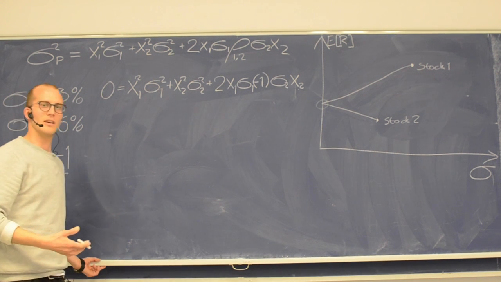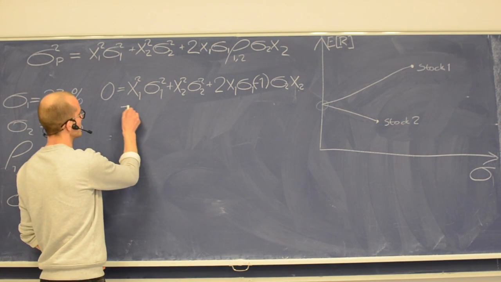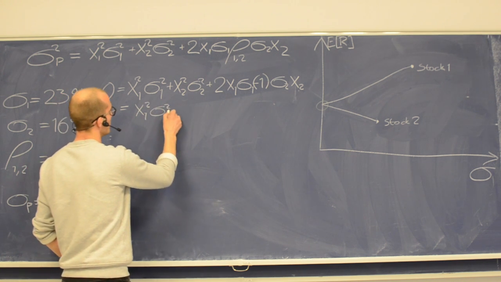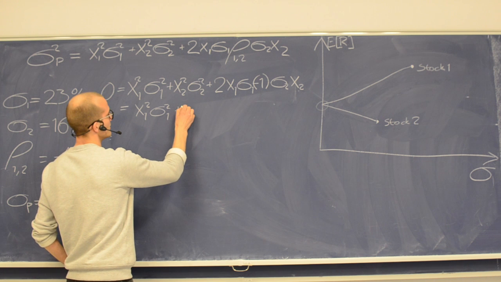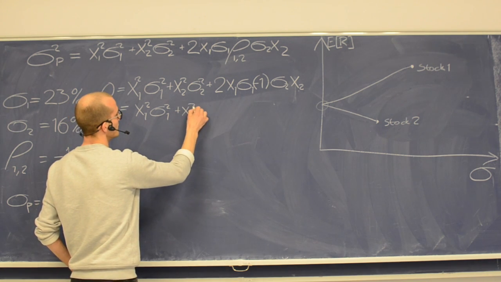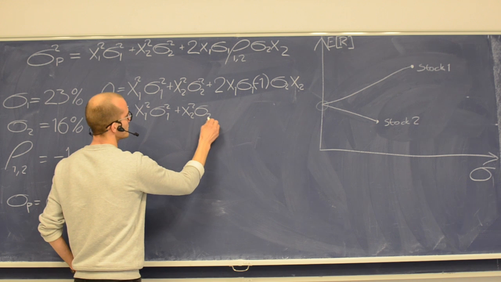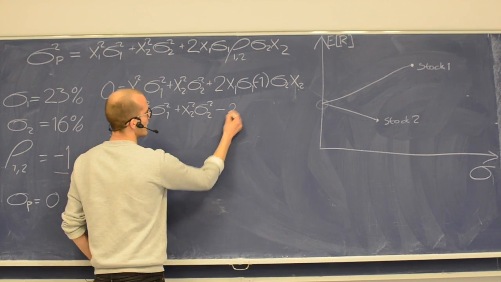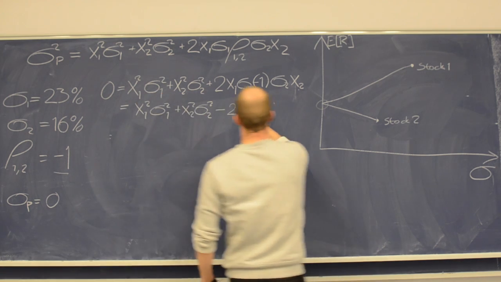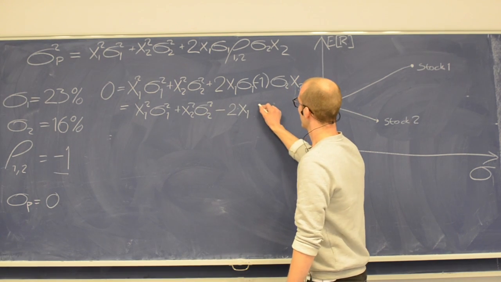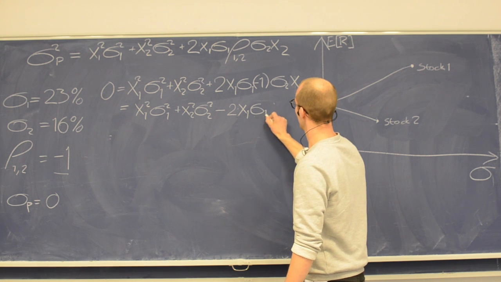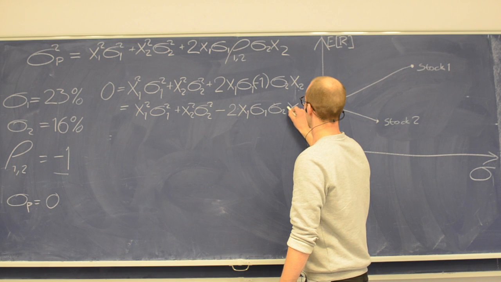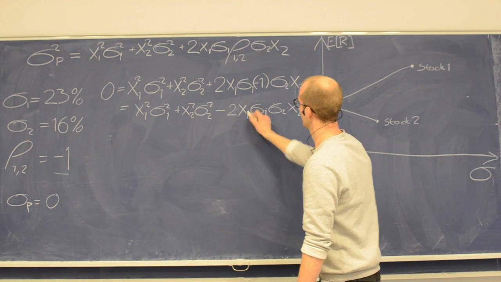But this can be simplified a bit: it is the weight of 1 squared times the variance of 1 plus the weight of 2 squared times the variance of 2 minus, since we have -1 here, 2 times the weight of 1 times the standard deviation of 1 times the standard deviation of 2 times the weight of 2.